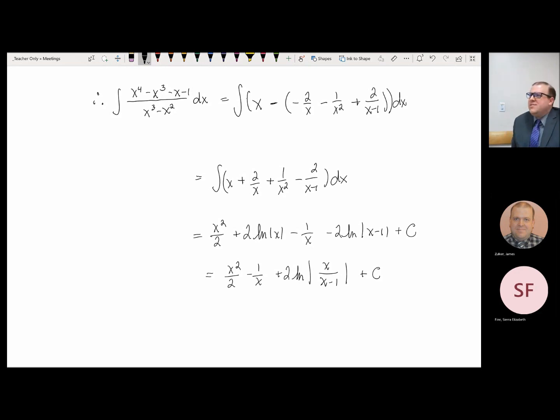Nah, I don't really see any benefit to that, so I'm just going to leave it like that. Yeah, and the actual calculus was easy. It was getting up to that part. It's a bit of a pain.